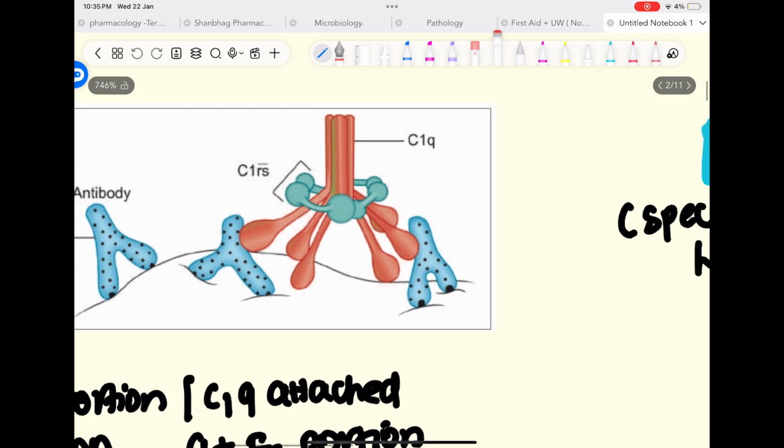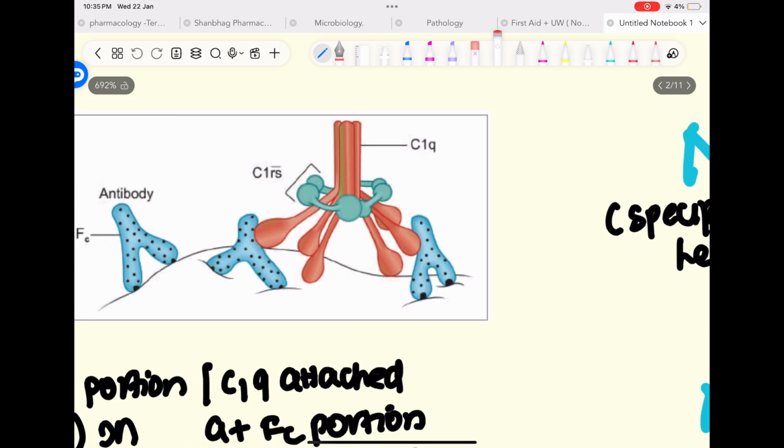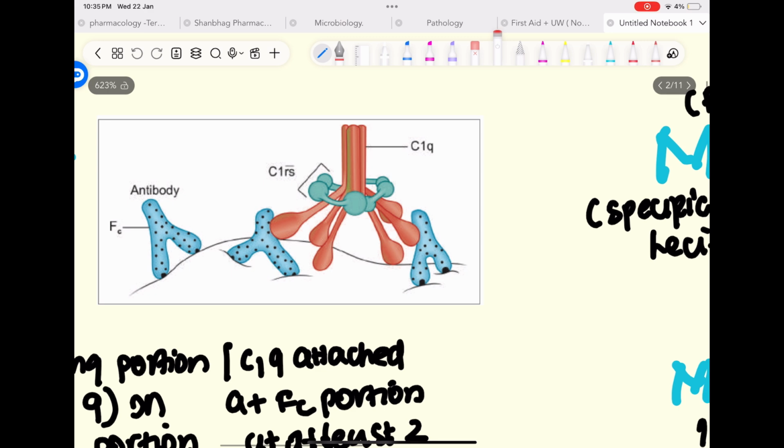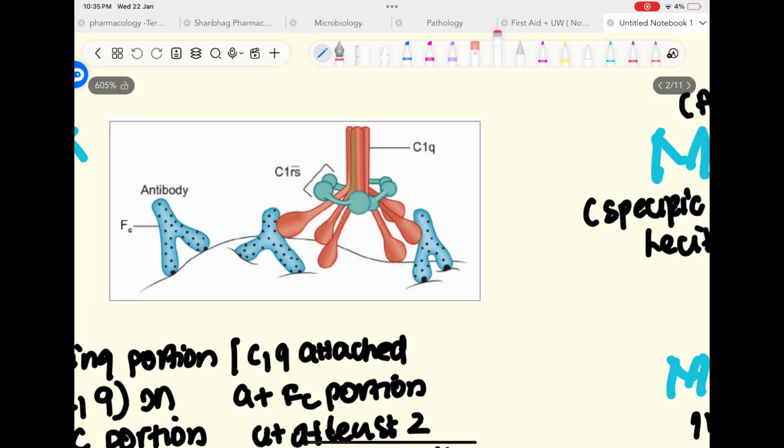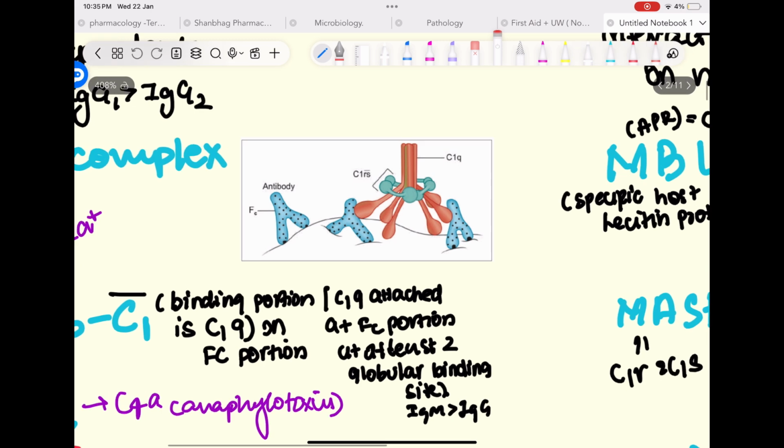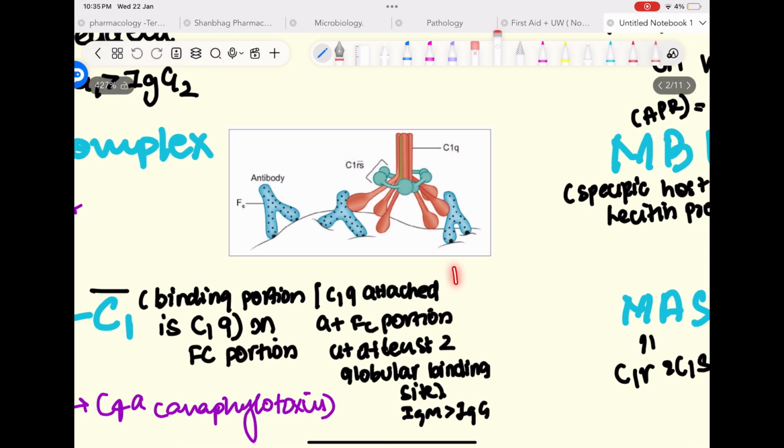The effective activation of the classical pathway will only begin when C1Q is attached to the FC portion by at least 2 of the globular heads. As we can see, there are at least 2 globular heads attached to the IgG or IgM antibody. Something you can remember here is that IgG is monomeric, whereas IgM is pentameric.